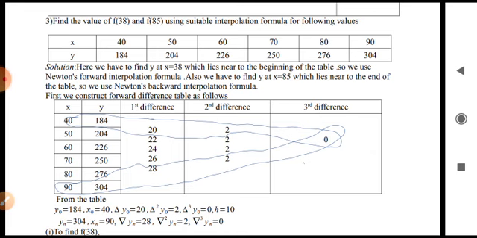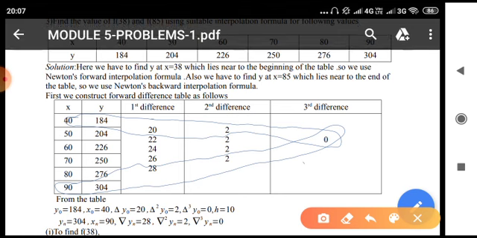Now we write the first difference. 204 minus 184 is 20. I hope you know the pattern. 226 minus 204 is 22. 250 minus 226 is 24. 276 minus 250 is 26. 304 minus 276 is 28.